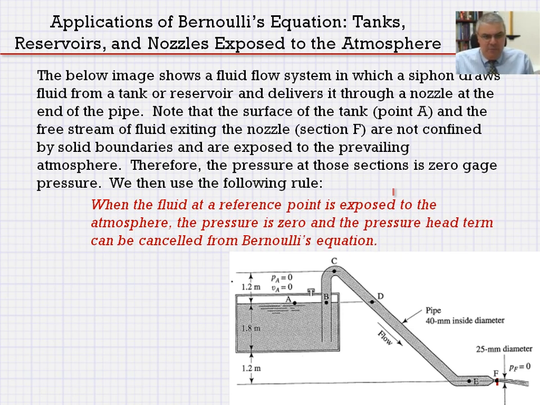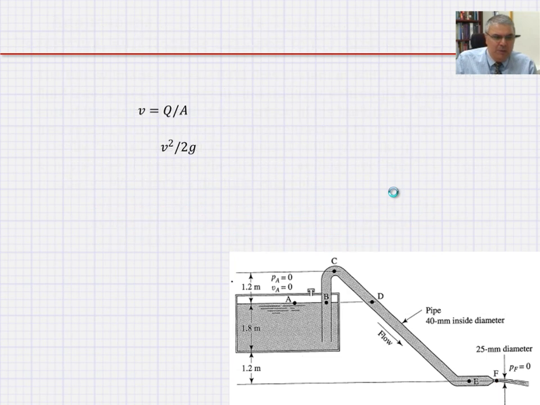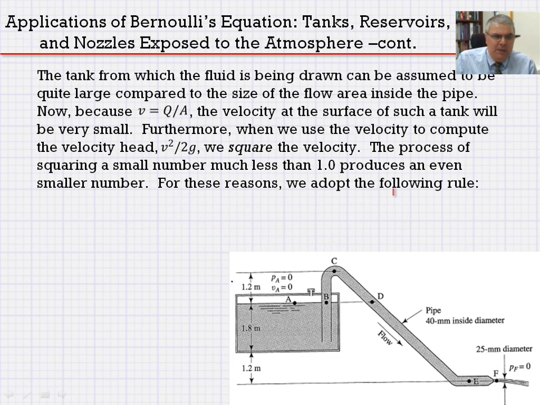So when the fluid at a reference point is exposed to the atmosphere, the pressure is 0, and the pressure head term can be cancelled from Bernoulli's equation. Anywhere in this equation, we can equate any of these terms to 0 and cancel them out.